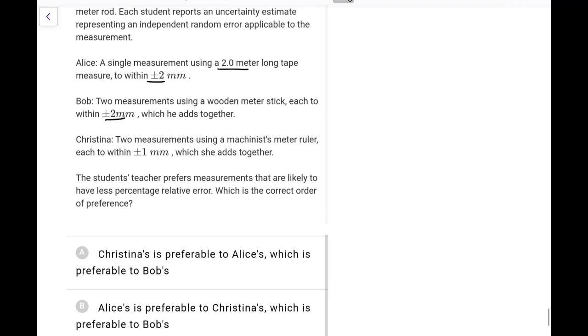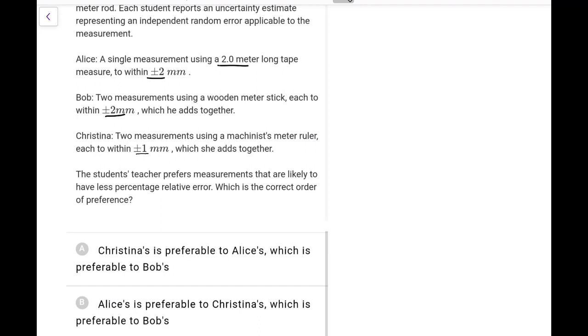Christina: 2 measurements using a machinist meter ruler each to within plus minus 1 mm which she adds together. The students' teacher prefers measurements that are likely to have less percentage error. Which is the correct order of preference in this particular case?